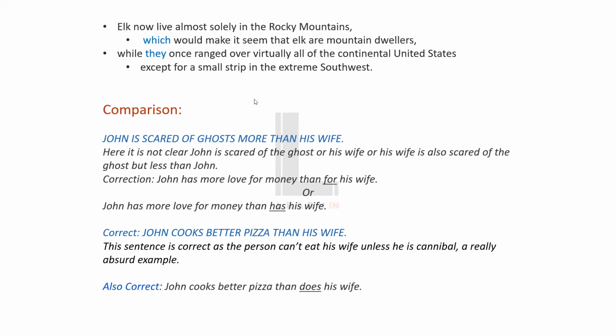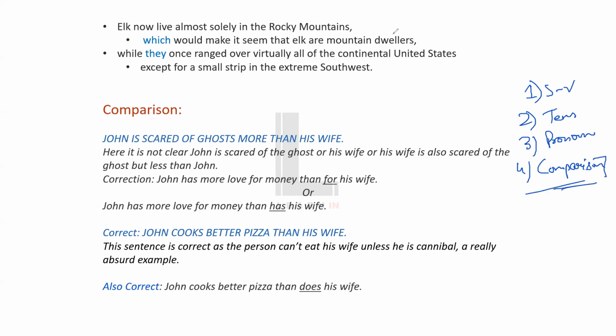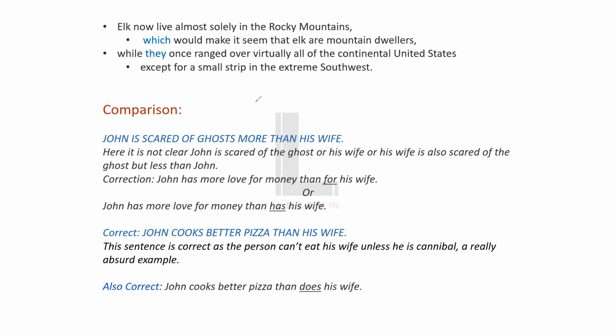We have subject-verb agreement and tenses. Third, we are doing pronouns and comparisons now. We have 4 things to look into in a sentence. Understood? This will increase further. That is why I'm saying that you should look at it part by part.